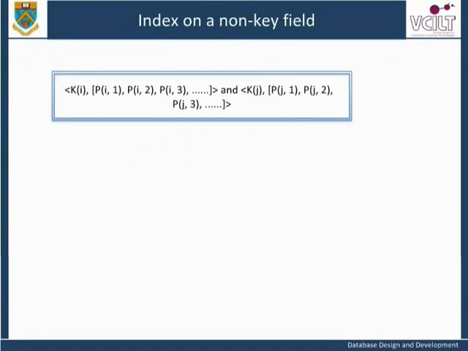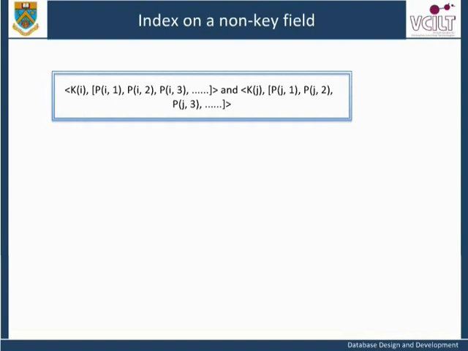From Figure 7.5, it can be seen that, instead of using index entries like <K_i, P_i,1, P_i,2, P_i,3> and <K_j, P_j,1, P_j,2, P_j,3>, as in option 2, an extra level of data structure is used to store the record pointers.